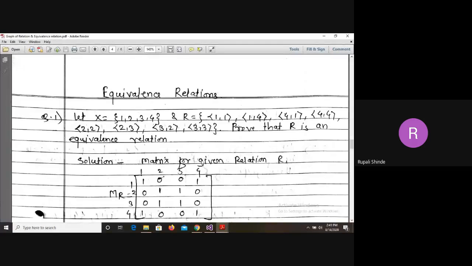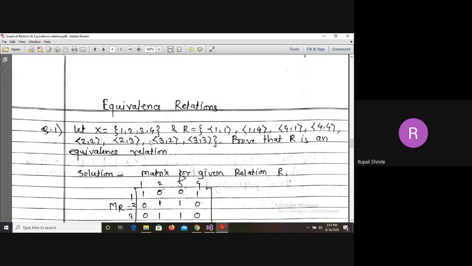Now we have to check whether relation R is an equivalence relation. Now check whether it is satisfying reflexive, symmetric and transitive properties. Whether it is reflexive, yes, reflexive. Symmetric, yes, symmetric.